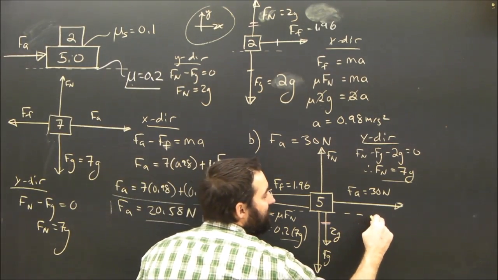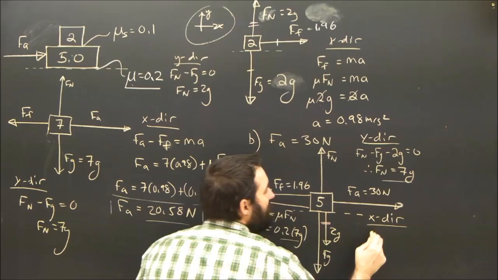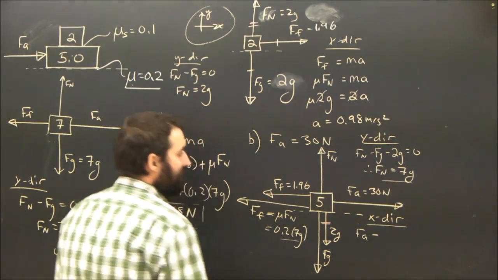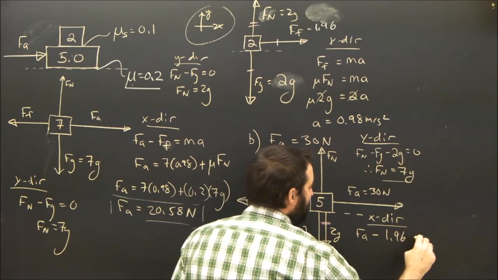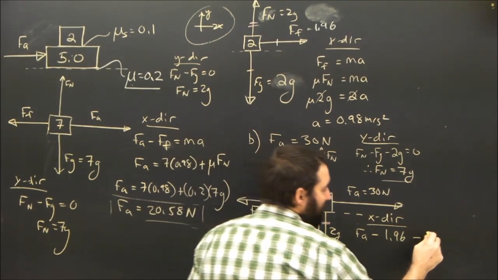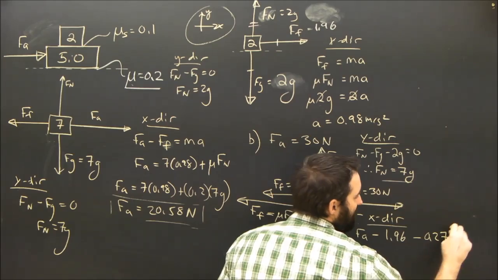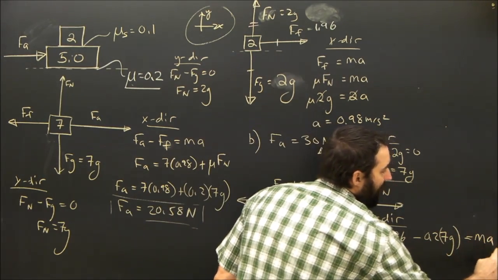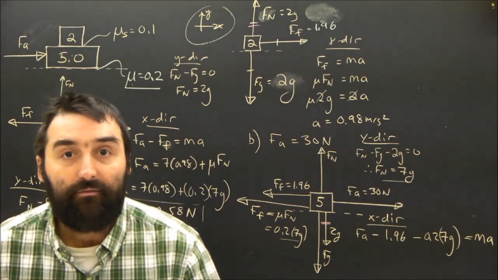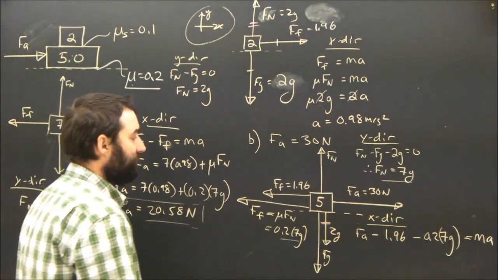So when I do my x direction equation, I'm going to say Fa minus 1 force of friction, which I'm just going to call 1.96, minus the other force of friction, which I'll call 0.2 times 7g. And that's going to equal ma. Is that in the frame? Just barely.